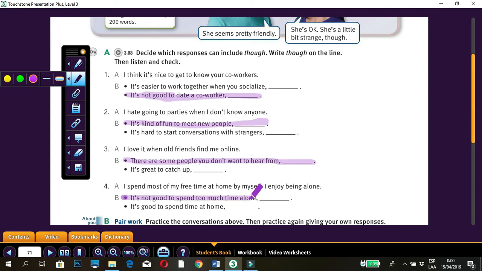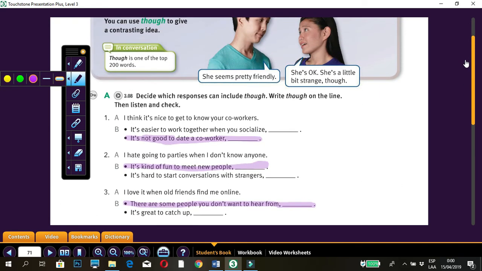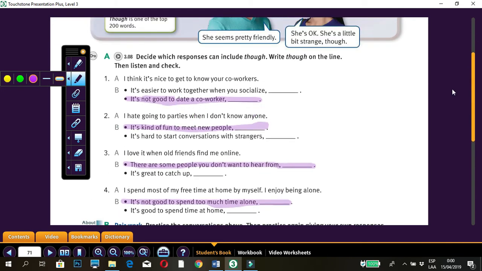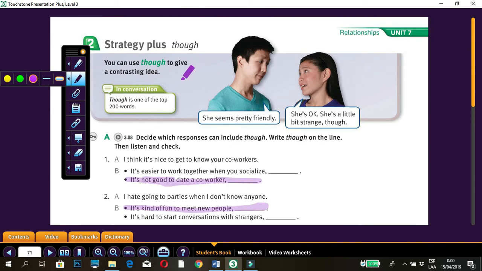So the meaning of though in Spanish would be aunque, similar to aunque or pero, to give the opposite idea. So don't forget that though is used after a statement when you are expressing the opposite, totally the opposite. So use though to give a contrasting idea.